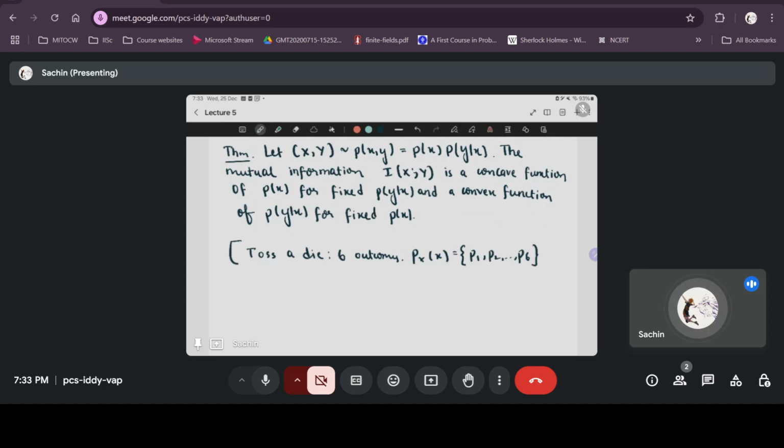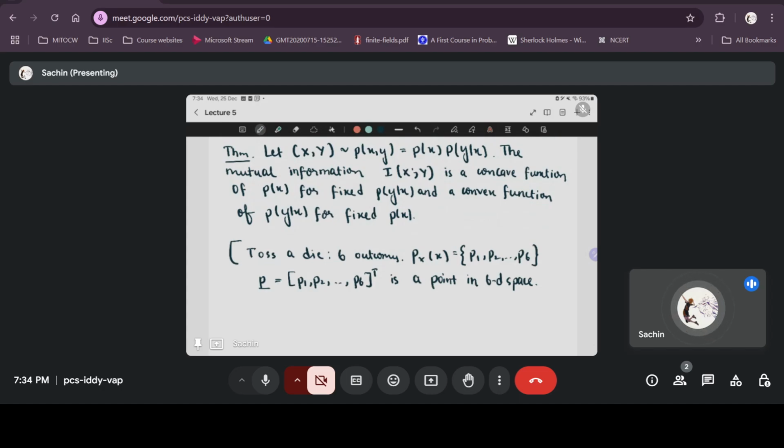So this P1, P2 up to P6, you can take that as a vector, and that vector is a point in six-dimensional space.